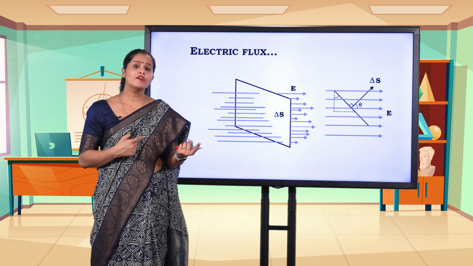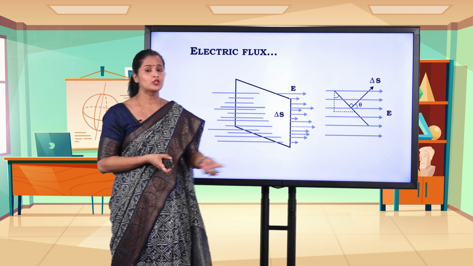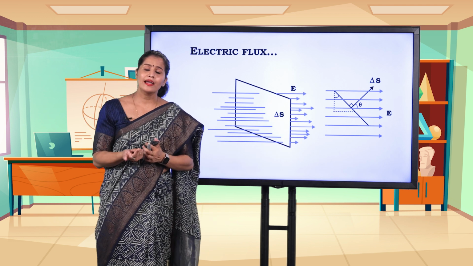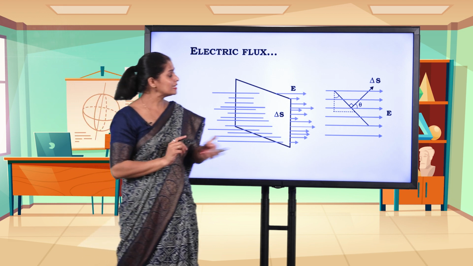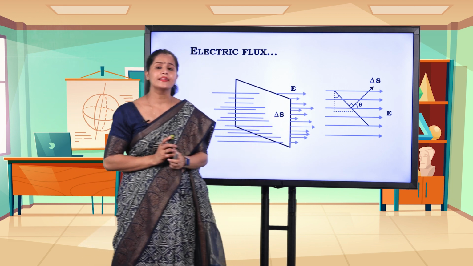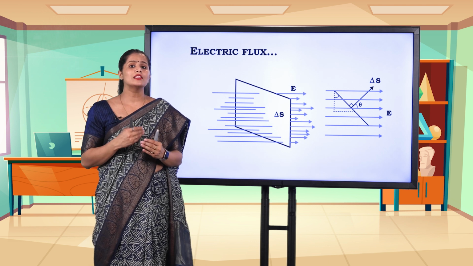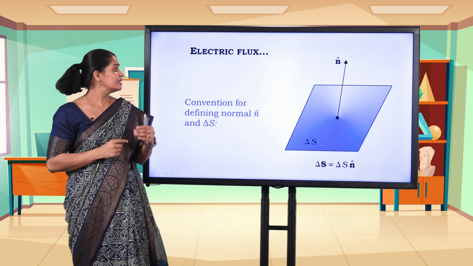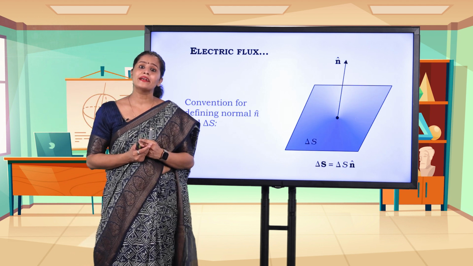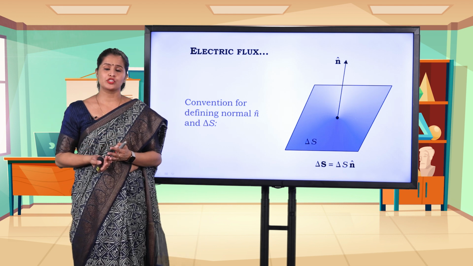Thus, the number of field lines crossing delta S will be proportional to E into delta S into cos theta. But when theta becomes 90 degrees, the field lines will be parallel to delta S and will not cross at all. This shows that the area element should be treated as a vector. It has a magnitude and also a direction.